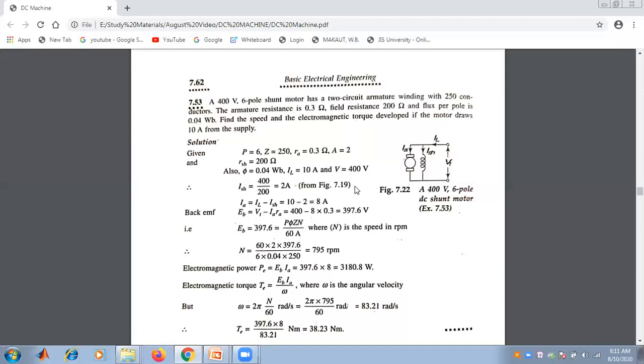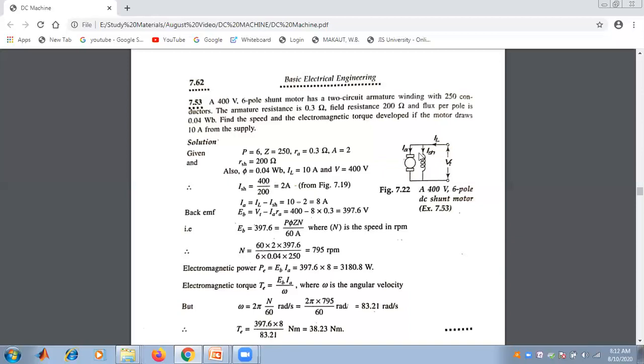The resistance of the field winding is also given, that is 200 ohm. So now phi, the flux per pole, is given equal to 0.04 Weber, the current drawn by the motor is given 10 ampere, and the voltage V is given 400 volt.